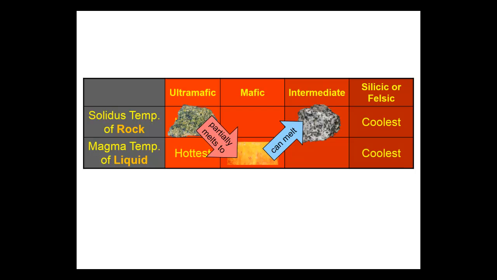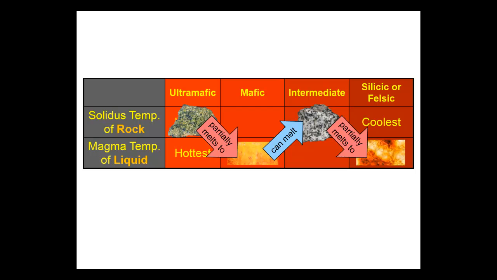When the intermediate continental crust is then melted by the process of heat transfer melting, it in turn produces a liquid that's one step more silicic, or it will produce a silicic or felsic magma. So by this process, we start with an original mafic magma, and as that magma then melts the intermediate continental crust, it produces a silicic or felsic magma.